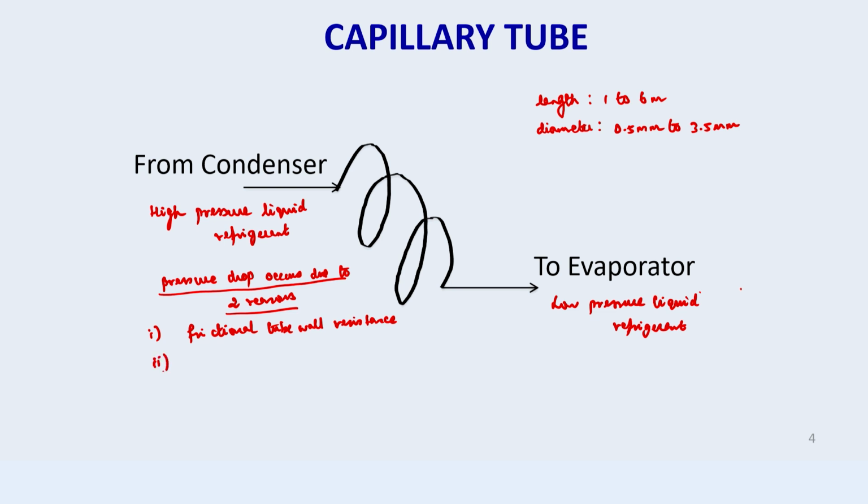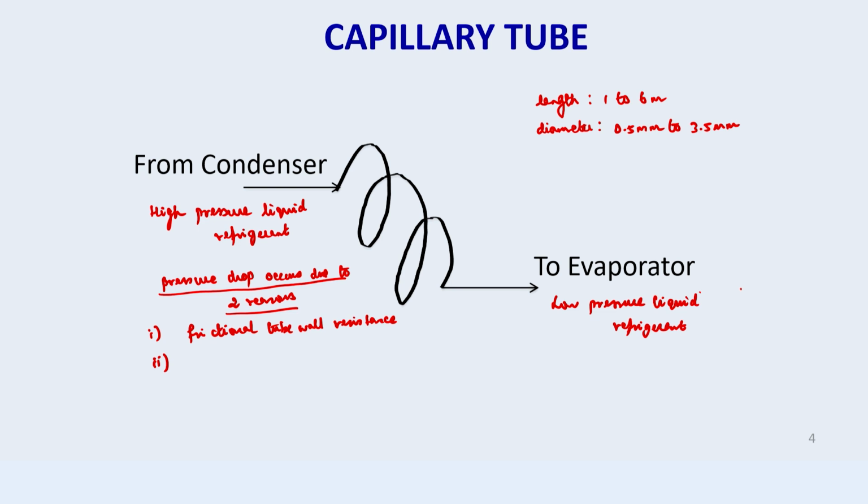And second one is, what happens when the high pressure liquid refrigerant is entering this tube, sometimes some portion of the liquid gets flashed into vapor.